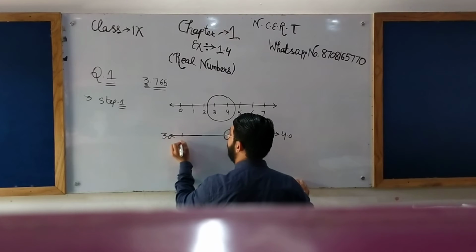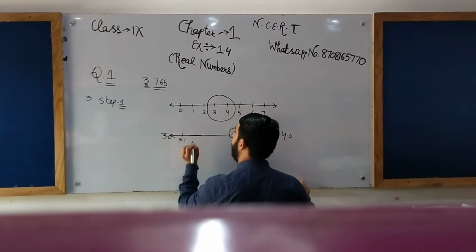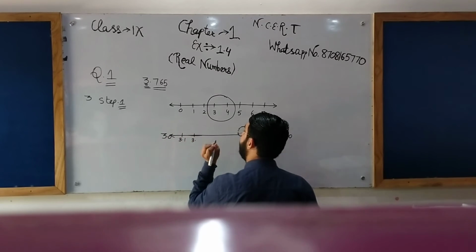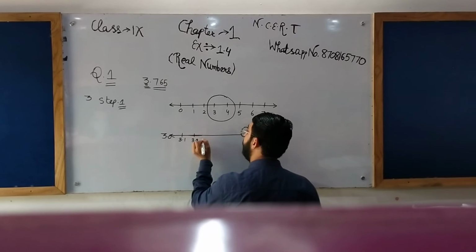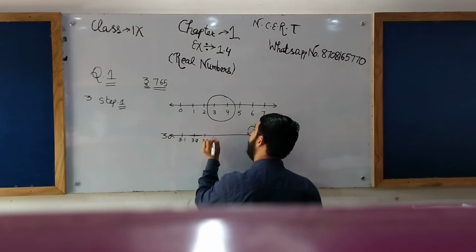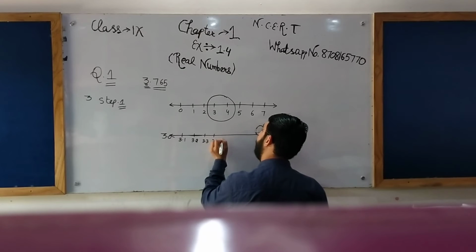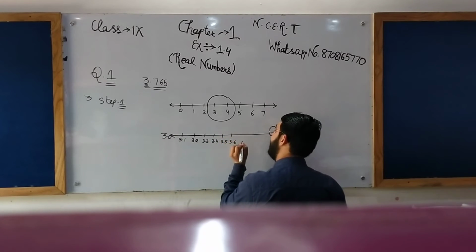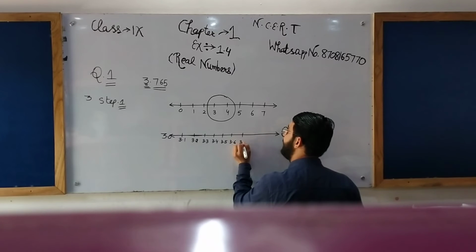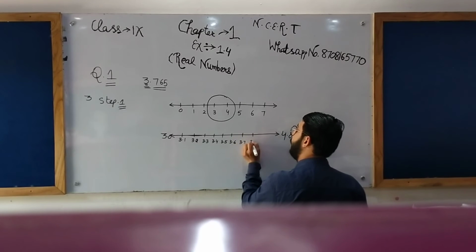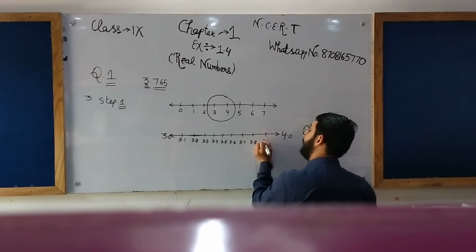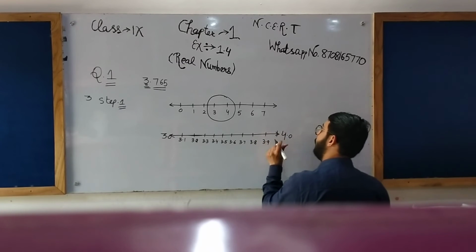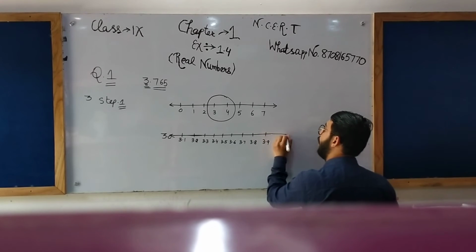Let this be 3.1, let this be 3.2, 3.3, 3.4, 3.5, 3.6, 3.7, 3.8, 3.9. Let this point be 3.10.